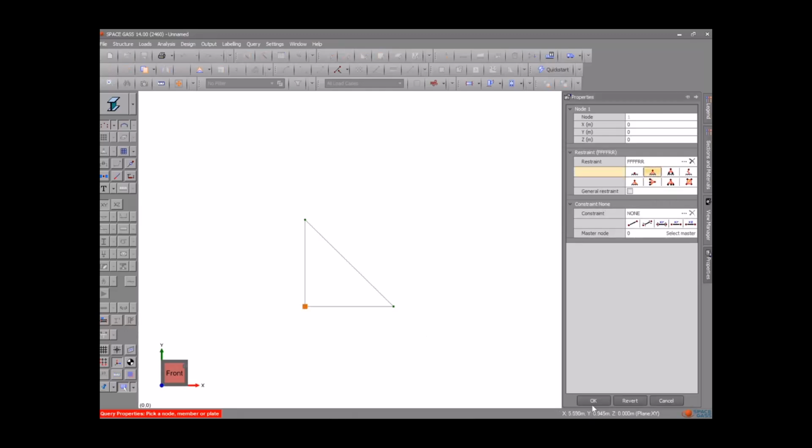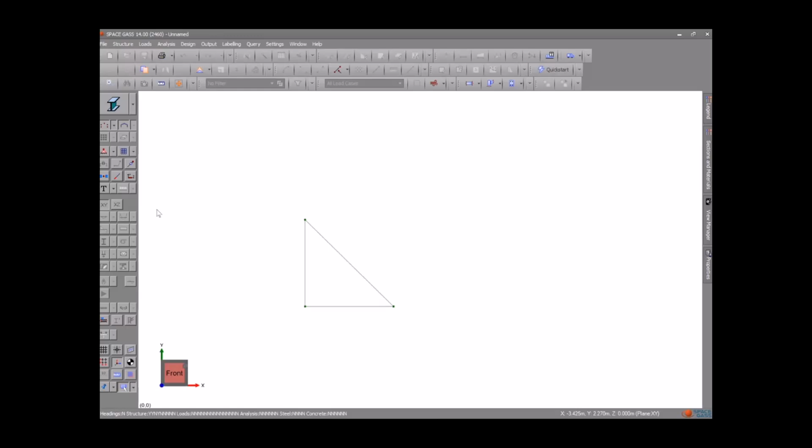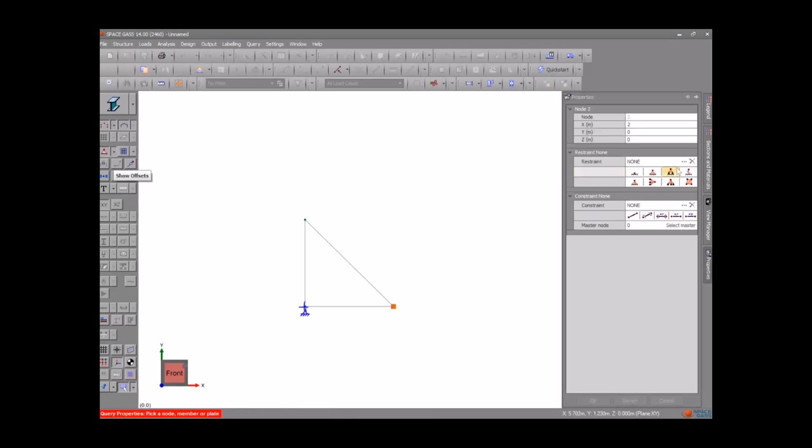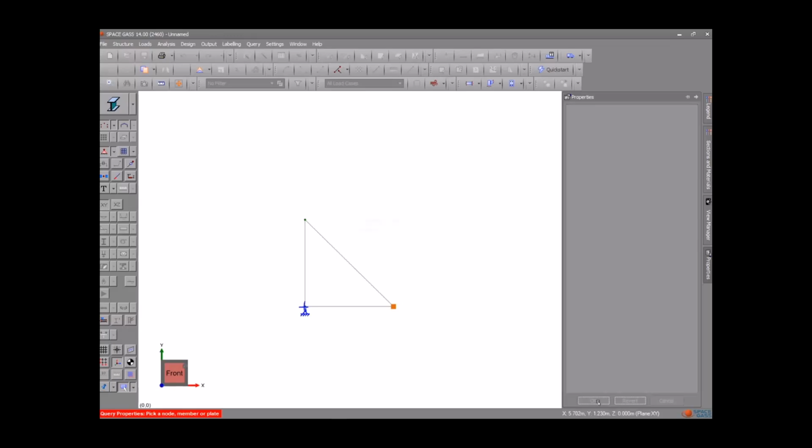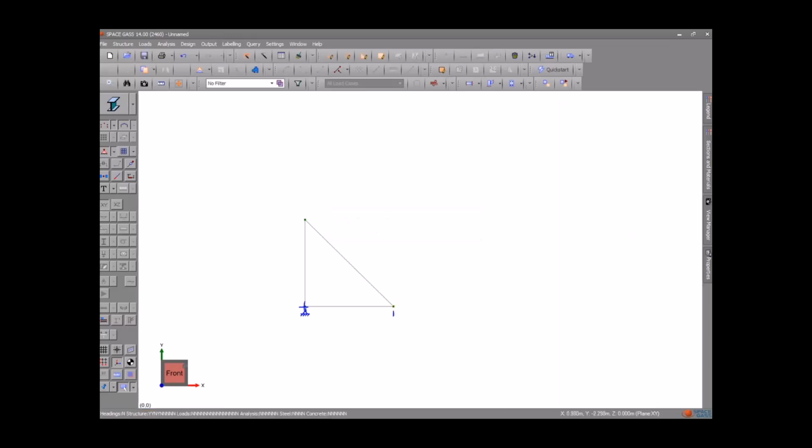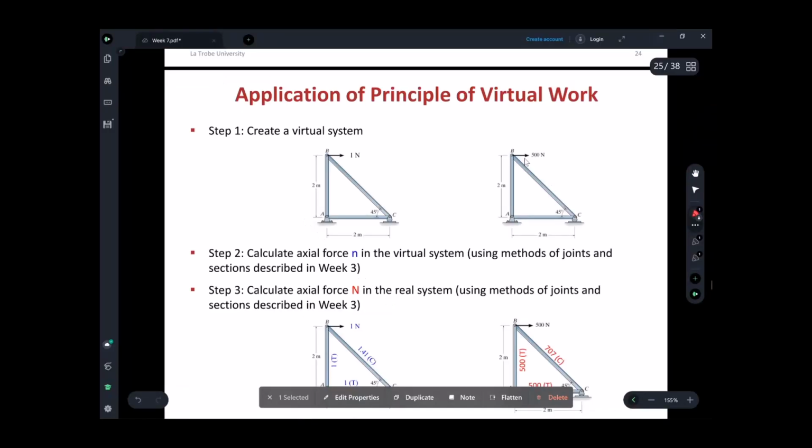If you want to show the pin support, you can just use this one, or roller supports. Here we have roller supports. Then we got 500 newtons going horizontally.